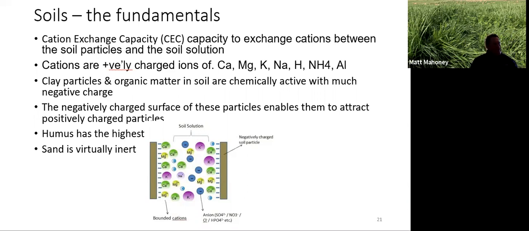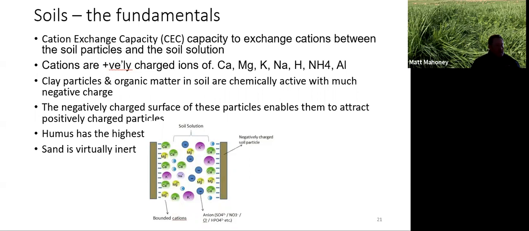So now just moving on to talk a little bit more about the cation exchange capacity. You'll find that it's complex, but it's also really interesting and really important. So there's 5 exchangeable cations, and they're generally shown in our soil tests as percentages of the cation exchange capacity of the soil.